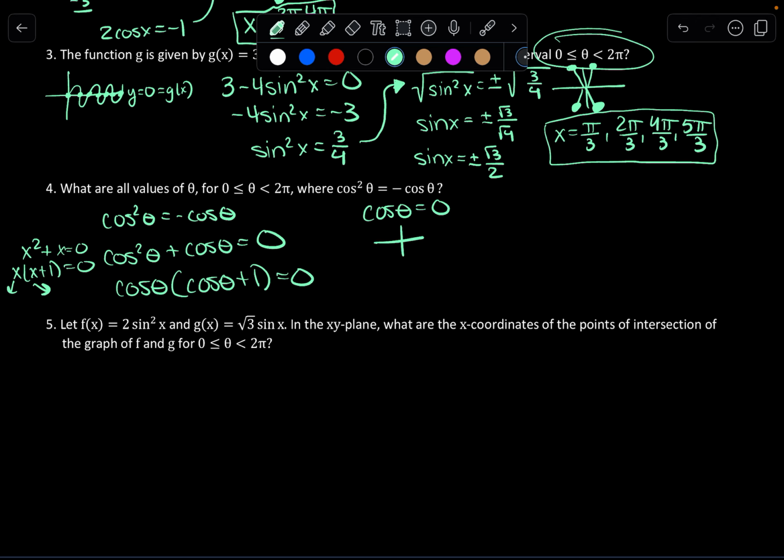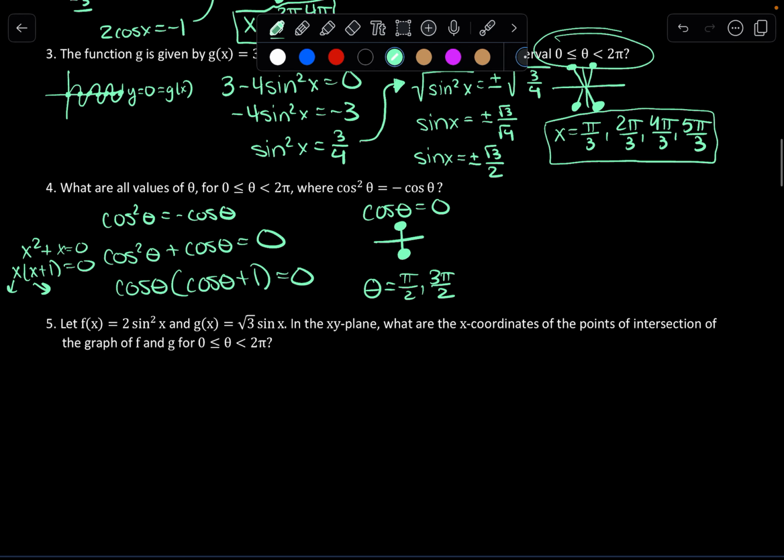So let's start with cosine theta is equal to 0. On the unit circle, cosine theta is equal to 0 at pi over 2 and 3 pi over 2. And again, no plus pi k or anything because I only want solutions from 0 to 2 pi. And then we'll do cosine theta plus 1 equal to 0.